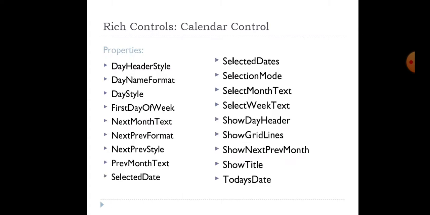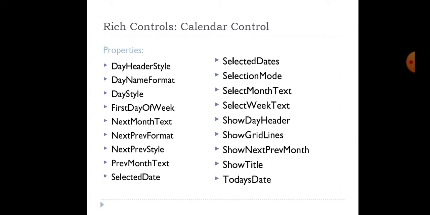The calendar control can also be customized with a variety of styles, colors and fonts. These styles, colors and fonts are changed with the help of the properties of the calendar control, that are listed in this slide.